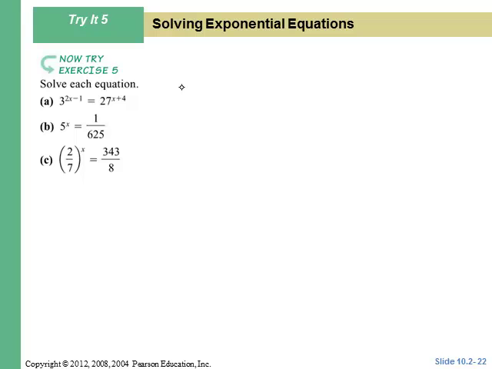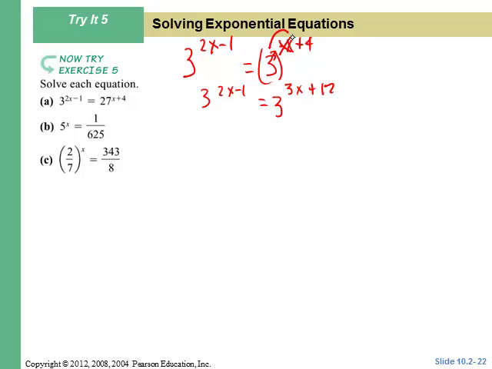First one, you have 3 to the 2x minus 1 equals 3 to the third, to the x plus 4. So 3 to the 2x minus 1 equals 3 to the 3x plus 12.